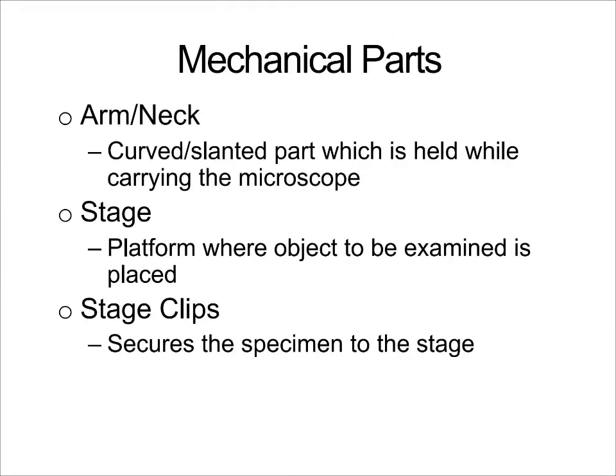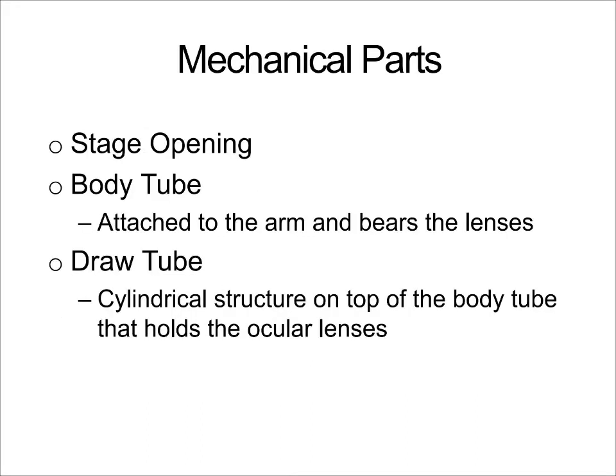Kindly read, Jake. Mechanical parts: arm, neck, stage clip. Arm or neck, curved slanted part which is held while carrying the microscope. Stage, platform where an object to be examined is placed. Stage clip, secures the specimen to the stage. Very good. Next, Jana. Kindly read. Stage opening, body tube, draw tube.